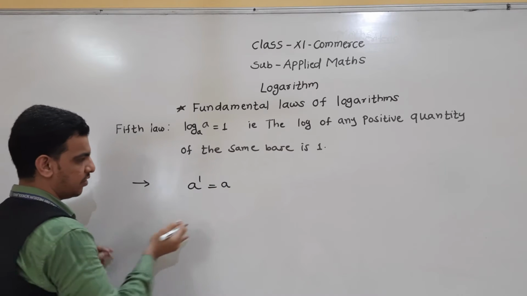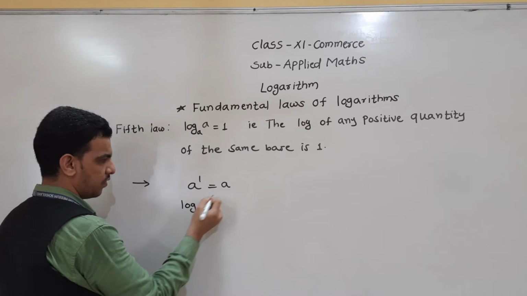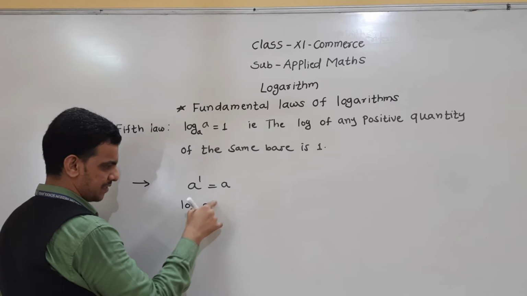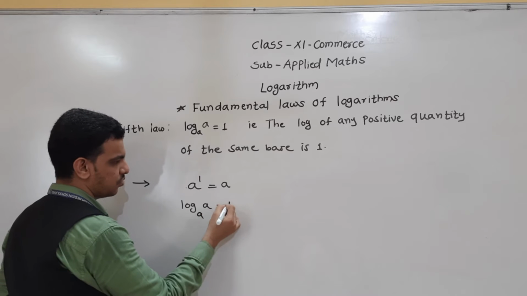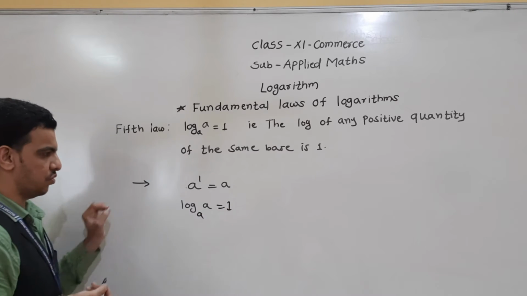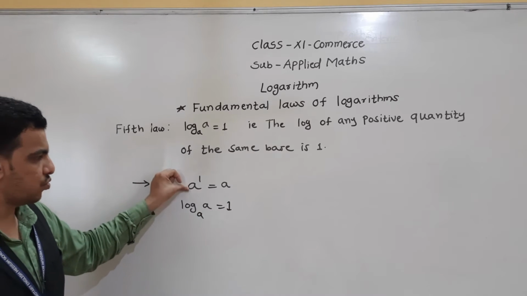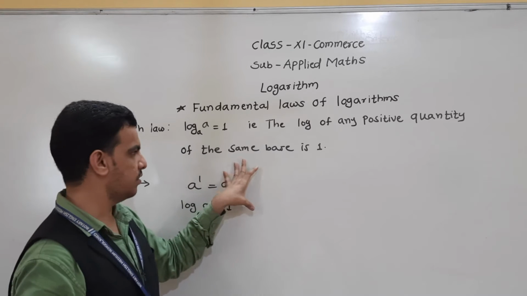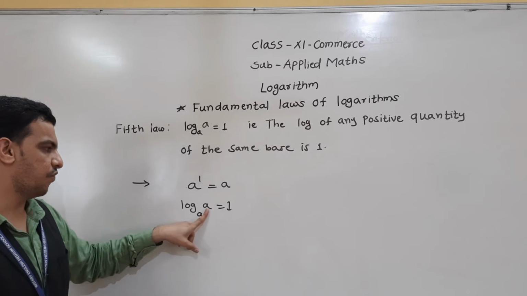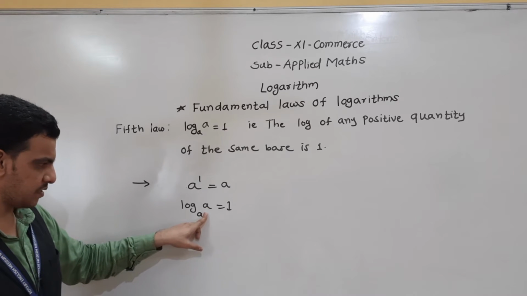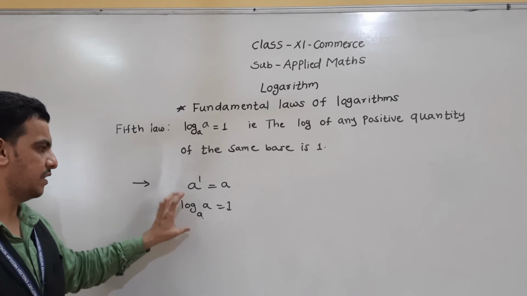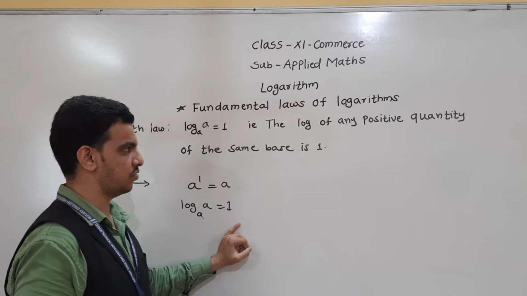So if we convert in log, log of a to the base a is equal to 1. If a raised to 1 is equal to a, then log of a to the base a is equal to 1. So if argument and base are the same, then the answer is 1.